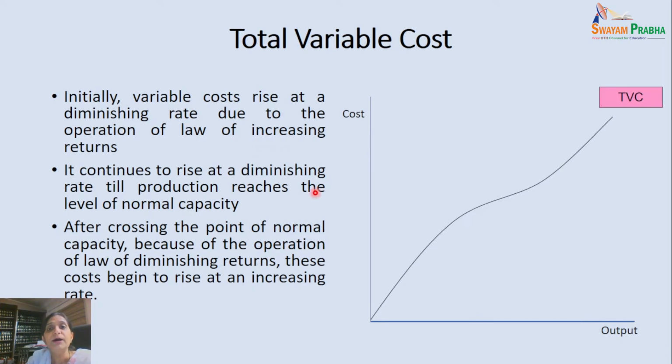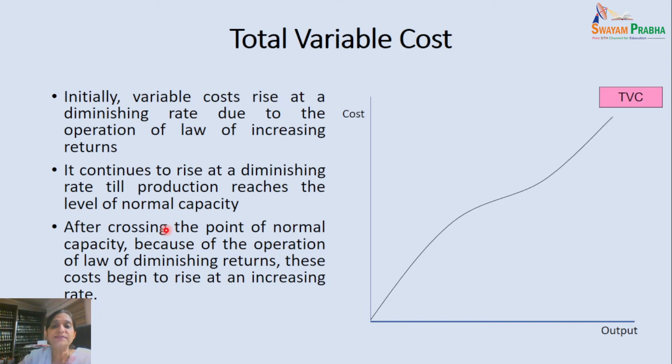If you remember, we have talked about the law of diminishing returns, where we saw that initially every new person who is coming in, marginal product is rising and average product is rising. Means every new person who is coming in is adding more to the production. Right?